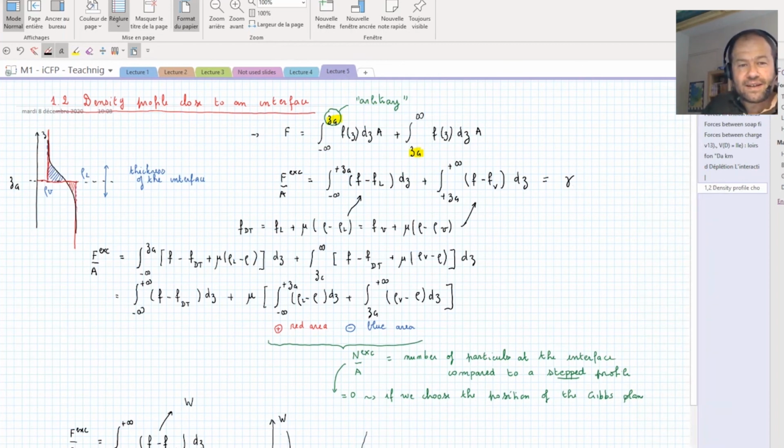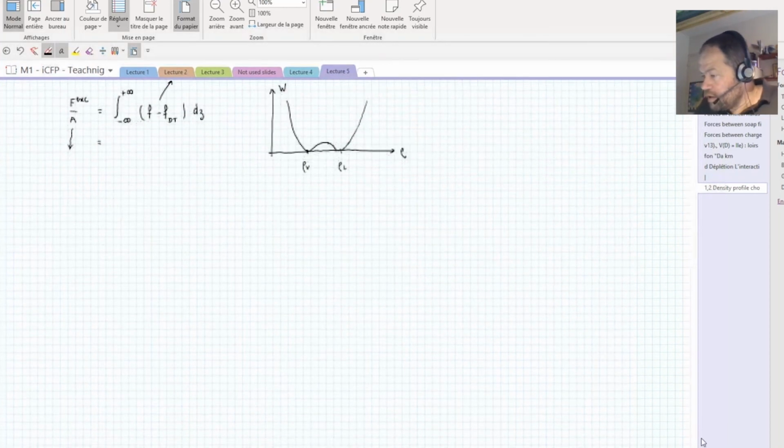Because here you have taken the free energy of the system. You have taken into account all the free energy of the bulk gas phase, all the free energy of the gas phase, and you have what appears as an extra term in the free energy of your system. So this is the surface free energy of your system.